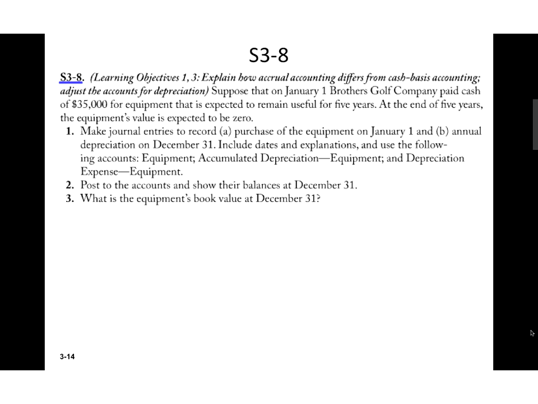We don't do that with depreciation. When we buy something, like in this case, equipment, the equipment account is an asset, and that's going to be on our balance sheet for the cost, the $35,000. So that asset sits on our balance sheet for the whole 5 years. We never reduce that for depreciation.